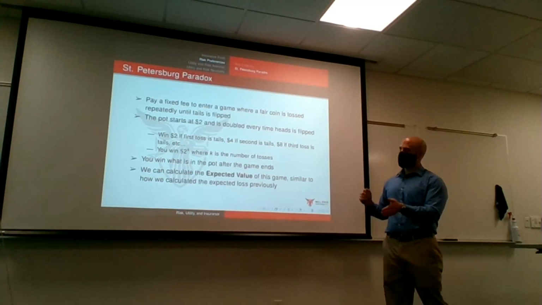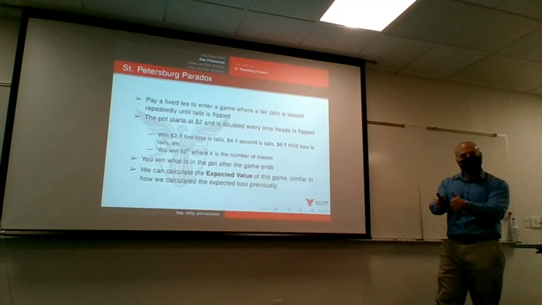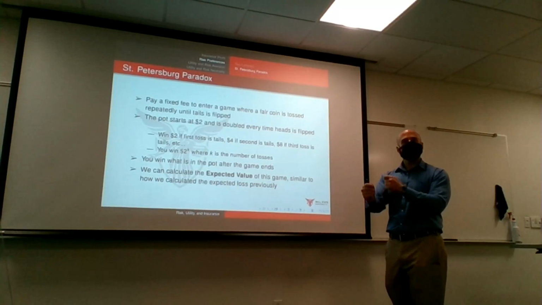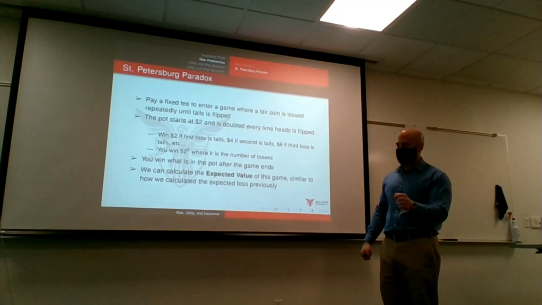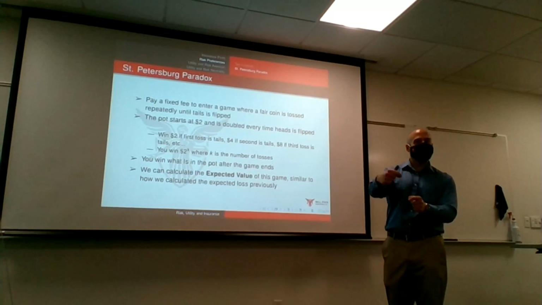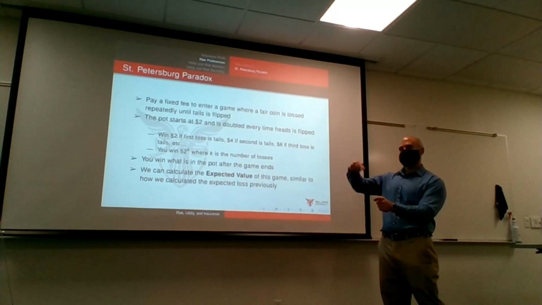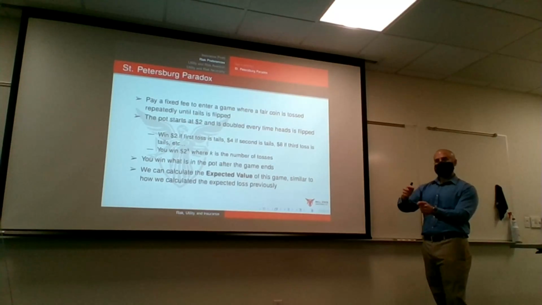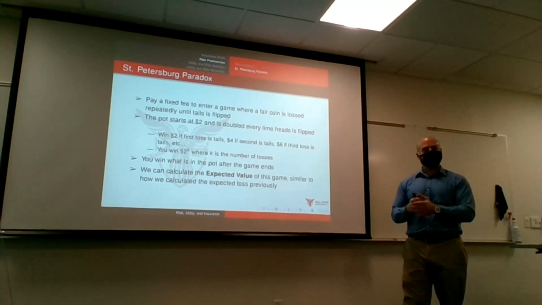So here, we have a game. We start out with $2. We flip a fair coin. Every time that fair coin lands on heads, the amount doubles. So 2, 4, 8, 16, 32, so on and so forth. The amount doubles until you flip tails and then you get whatever's in the pot.